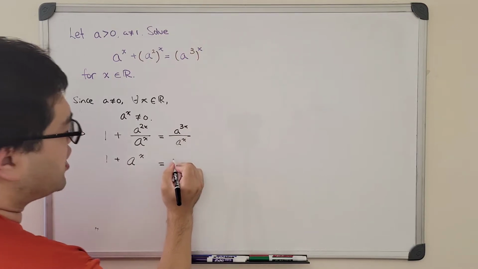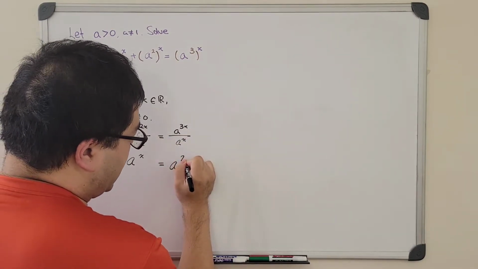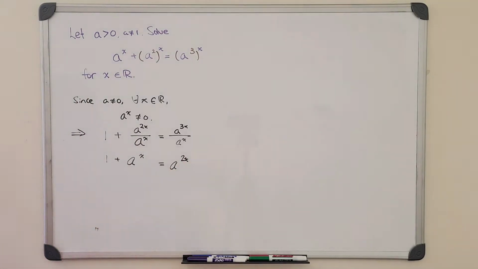On the right hand side, we now have a to the 3x minus x power, which is 2x here. Great. So now, what can we do next?